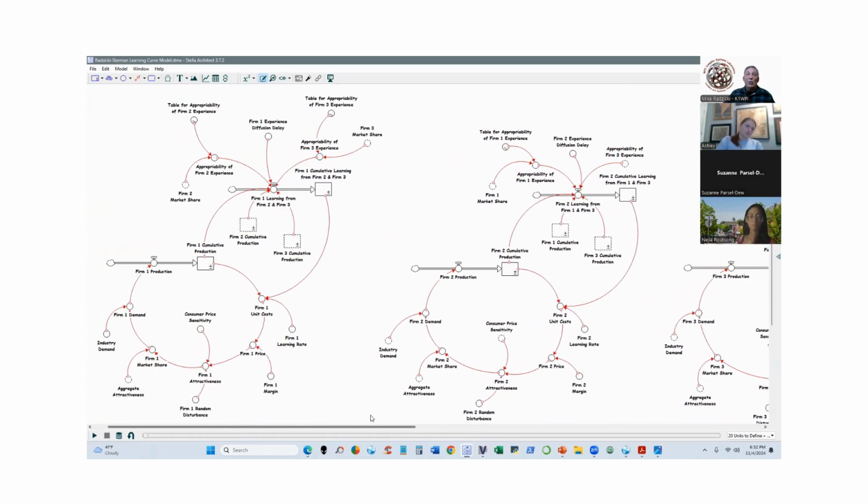But the last twist on this is you can see the appropriability. So basically what we're saying here, you see firm 3 market share and firm 2 market share. So the stronger the competitors to firm 1 are, the more they're able to protect their IP, right? The more they're able to prevent firm 1 from stealing their employees.